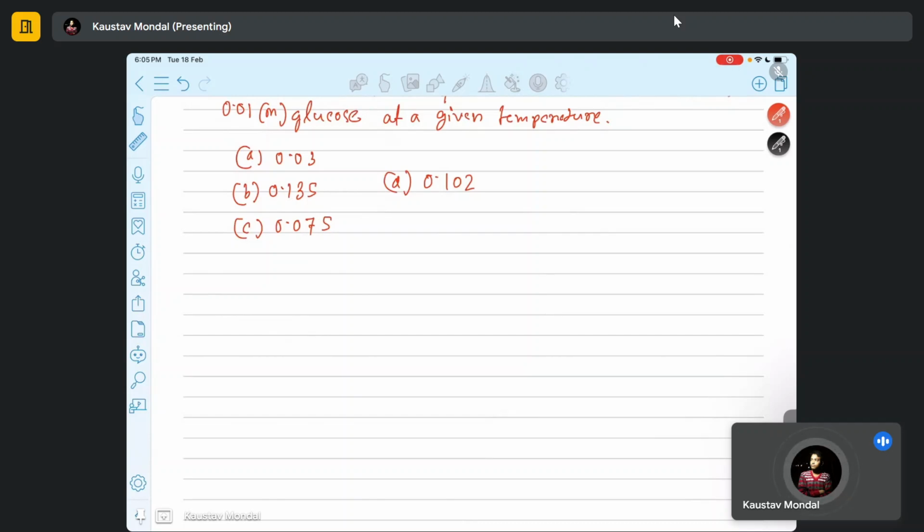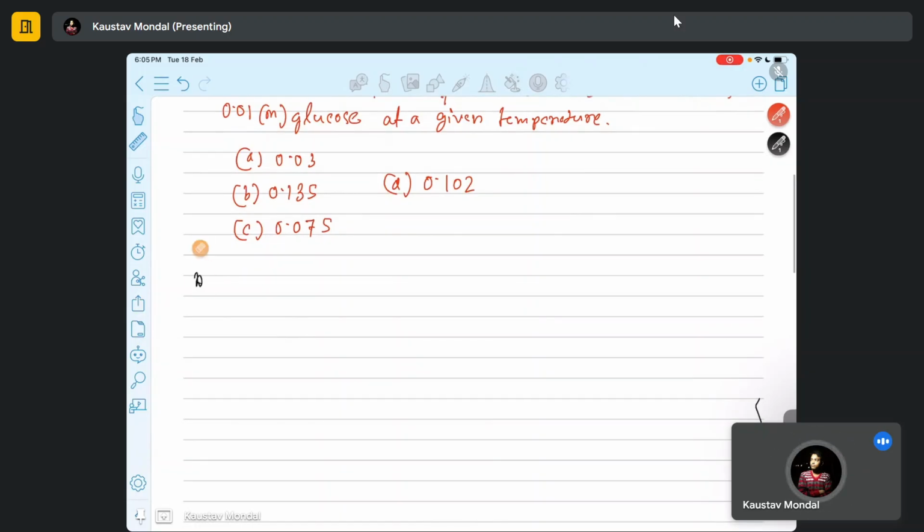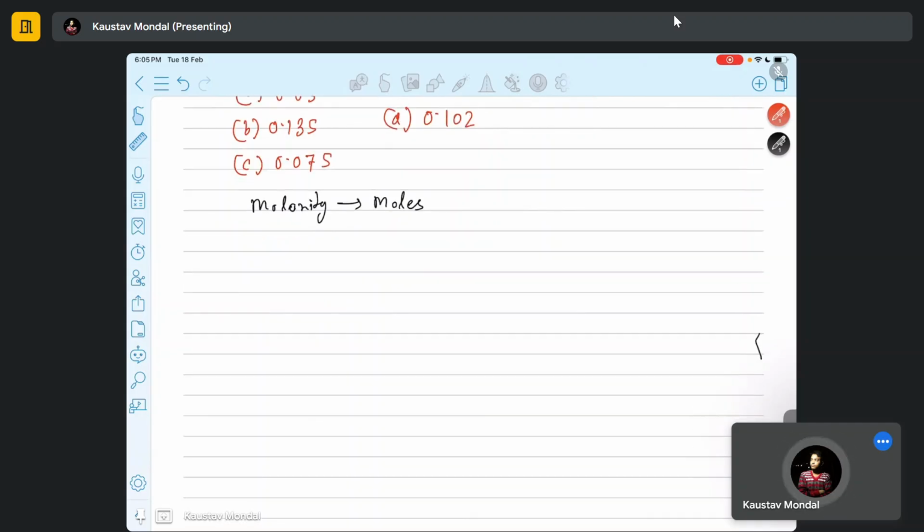So the basic rule is this: moles is basically equal to molarity into volume. Okay.